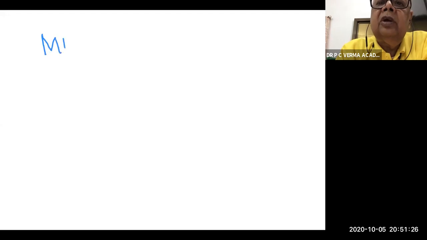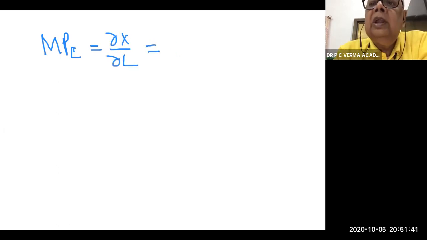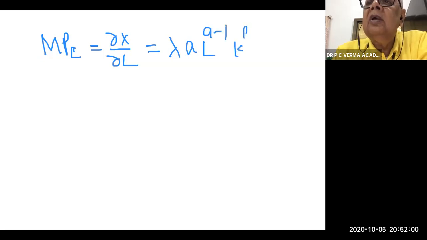Marginal productivity of labor is equal to del X by del L, which is equal to lambda alpha L alpha minus 1 K beta mu.